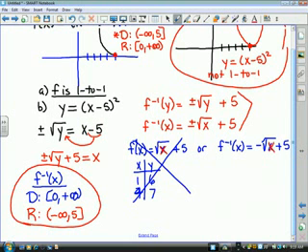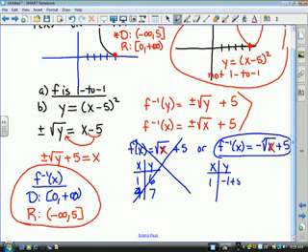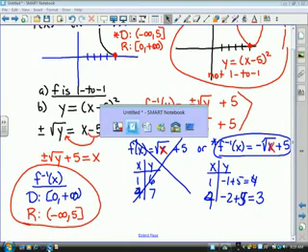But see, if you plugged values into this one, you would get numbers less than 5. Like if I plugged 1 in there, I'd get negative 1 plus 5 is 4. If I plug 4 in there, I'd get negative 2 plus 5 is 3. Okay? So this is the one you pick. So I'm not going to lie and say it's easy, guys.